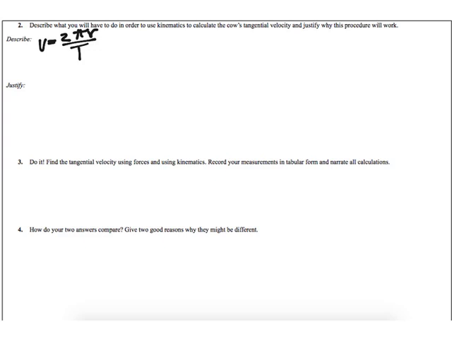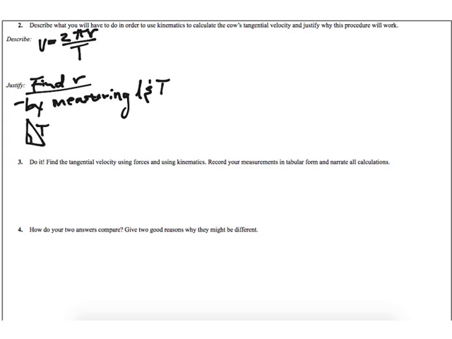So hopefully you already know, hey, you do have to find r, and it's the same way as the last one, so you probably only have to do it once, by measuring L and T. So if you find L and T, you can solve for R using a squared plus b squared equals c squared, or Pythagorean's theorem.